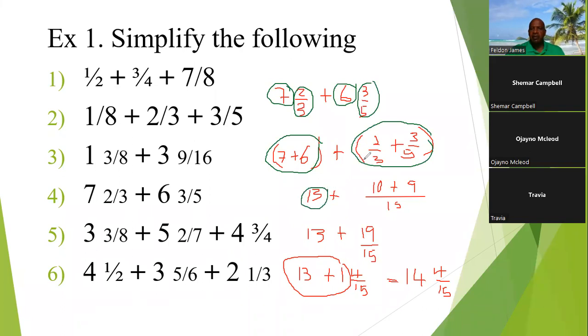Adding these two fractions, we need to find the LCM because the denominators are different. We have one with 3 and one with 5. So the LCM of 3 and 5 will be 15. So we put down the LCM to be 15. Now 3 into 15 goes how many times? 3 into 15 goes 5 times.